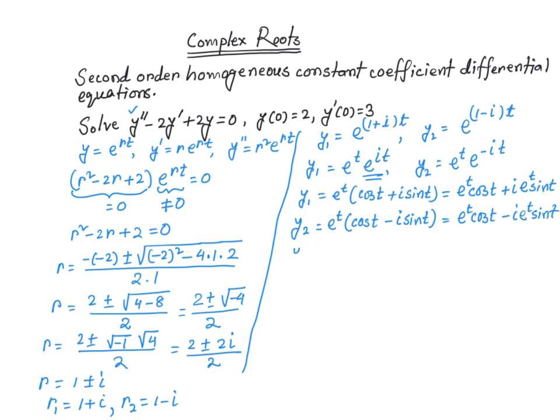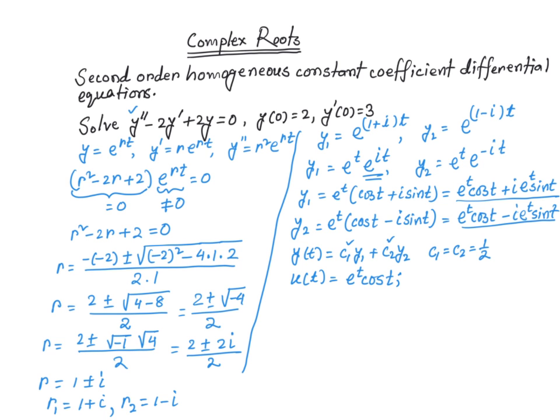Now, technically, we could say my solution y of t is some linear combination c1 y1 plus c2 y2, and we have y1 and y2 right here. By manipulating these, if we assume that c1 equals c2 equals 1/2, then we get a solution u of t that is nothing but e to the power t cosine of t.